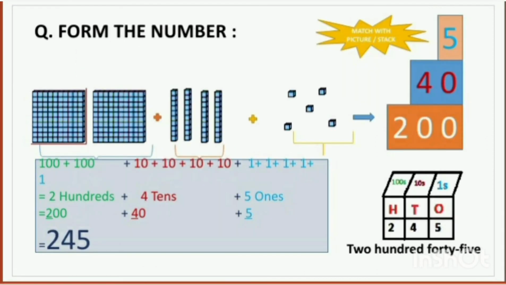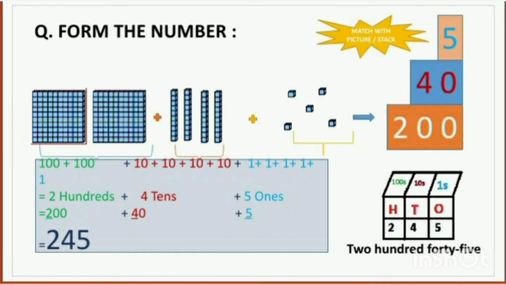Yes children, now come to this question. We will try to form the number using this pictorial representation. How many hundreds do you see? 200. Yes. How many tens do you see here? 4 tens. Good. And now count the unit cubes. You can see that 5 unit cubes are given.